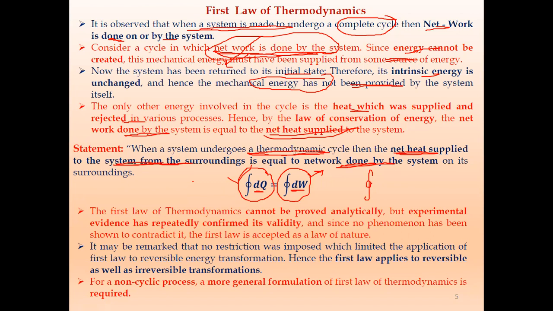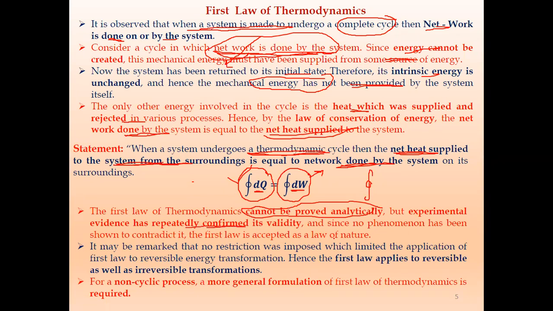Now, the first law of thermodynamics cannot be proved analytically, but experimentally we can prove it. That is, as much heat as you supply equals the amount of net work done by that system. Experimental evidence has repeatedly confirmed its validity.